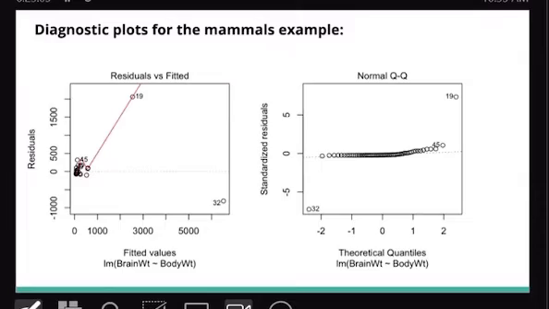What have you seen here? The normal QQ plot is indicating that when you fit a linear regression model for this data, there's going to be a violation of normality. There's also going to be a violation of linearity, because an outlier, if you take a look at that, is a violation. Take a look at all of that. Now, what are we going to do?